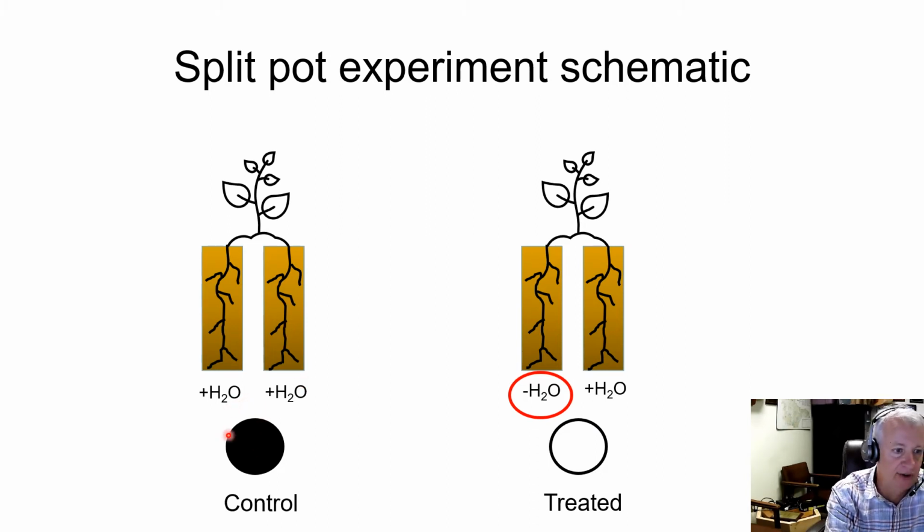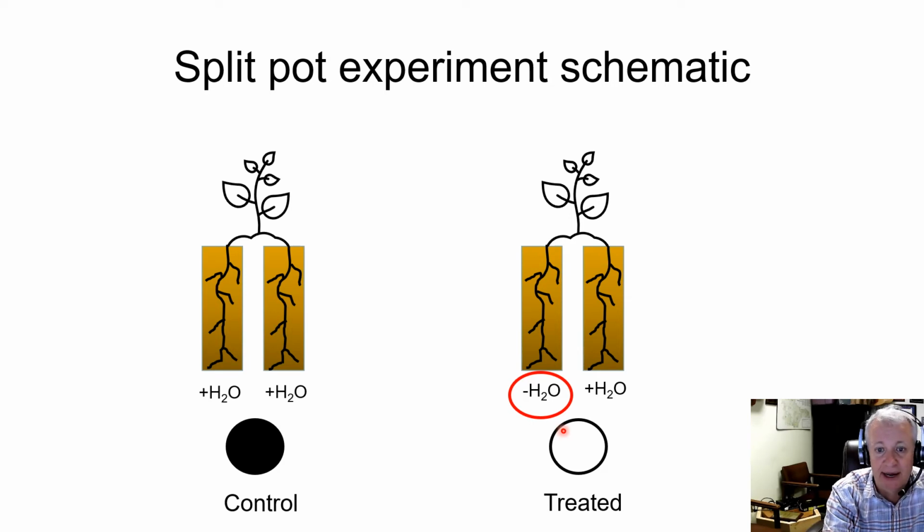And in the control treatment, which in the figure is the filled circles, both pots are well watered. So both sides of the root system are getting plenty of water. In contrast, there's another treatment where one pot receives sufficient water, and the other pot is allowed to dry down. It's allowed to dry out.